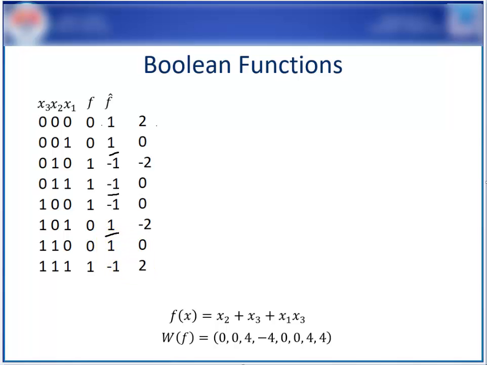To calculate the next vector, we are going to divide our obtained vector into two subvectors. Now, the calculation is done by adding these two elements, which gives us 0. Now, we subtract this element from this element, which gives us 4.